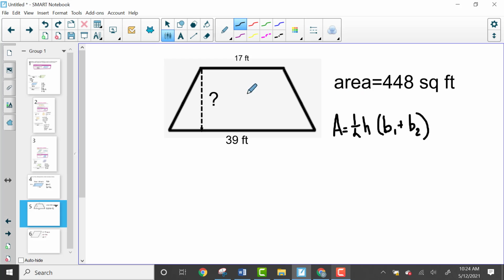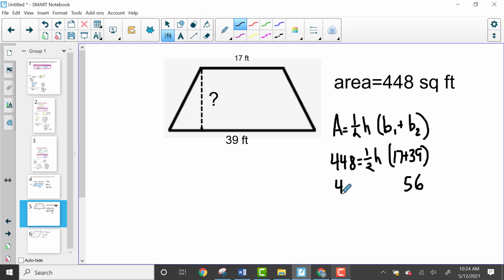The area is 448 square feet, so we have that already. We don't know the height, but we do know base 1 is 17 and base 2 is 39, and that's going to give us 56.